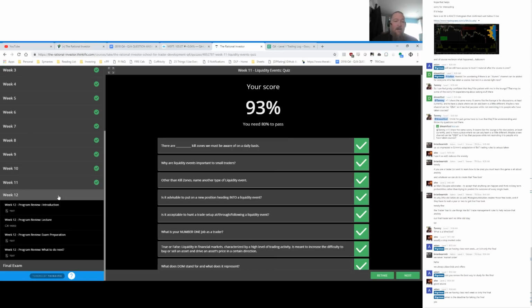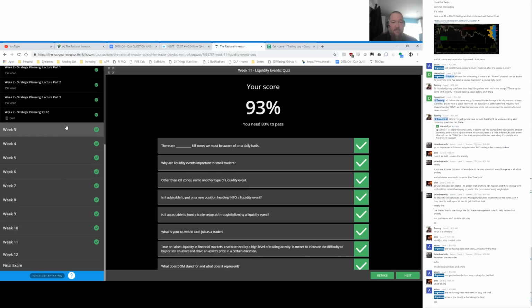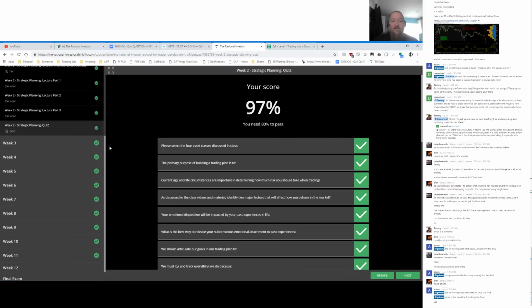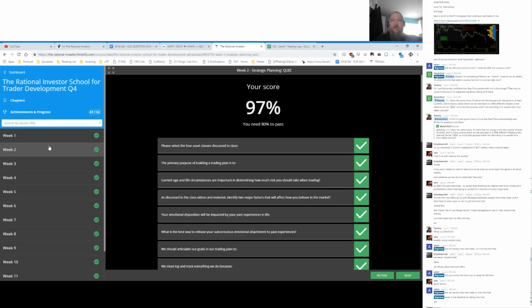Go back through each of these weeks. Go to the exam. You can always take it again, right? Go to the quizzes, just go down here, hit retake these quizzes. Make sure you're comfortable with them. Make sure you've got your trading plan put together, that you've gone through each of those 3 sections I just talked about, and that you have a trading journal in place and you understand the need for that trading journal, right?